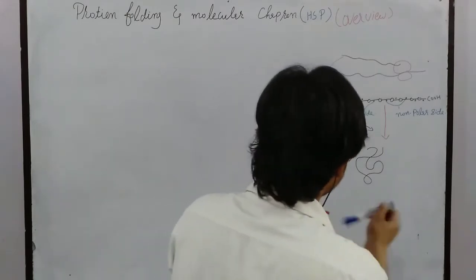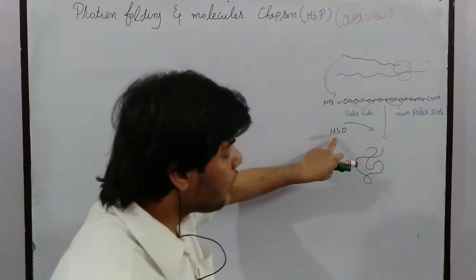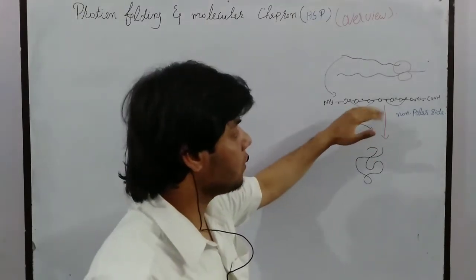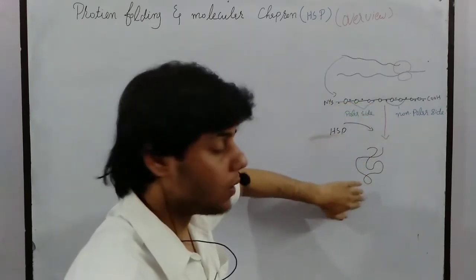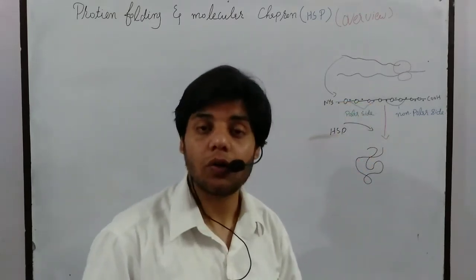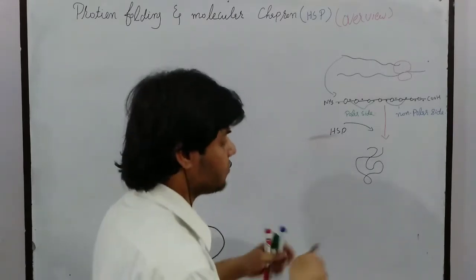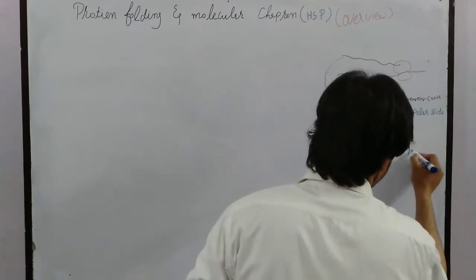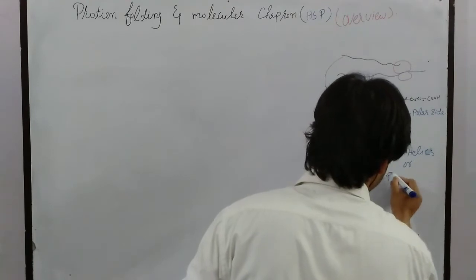This molecular chaperone or heat shock protein will convert the primary structure of the protein into a secondary structure, which we sometimes call alpha helix, or sometimes beta pleated sheet. So let me write: it will be called alpha helix or beta sheet.